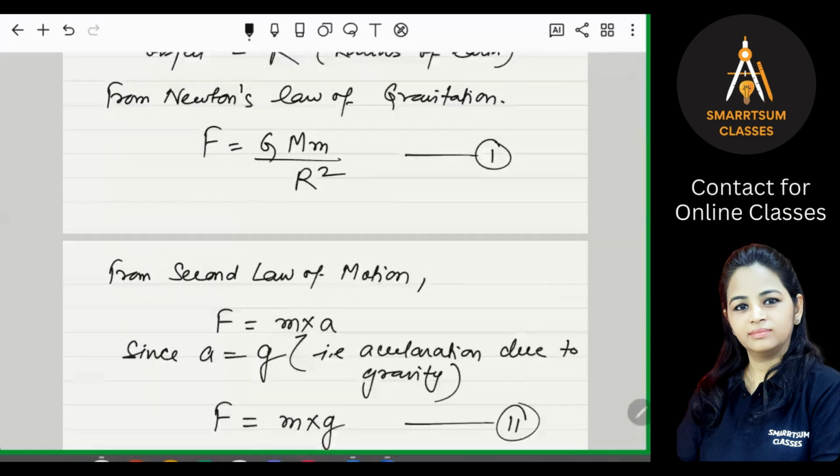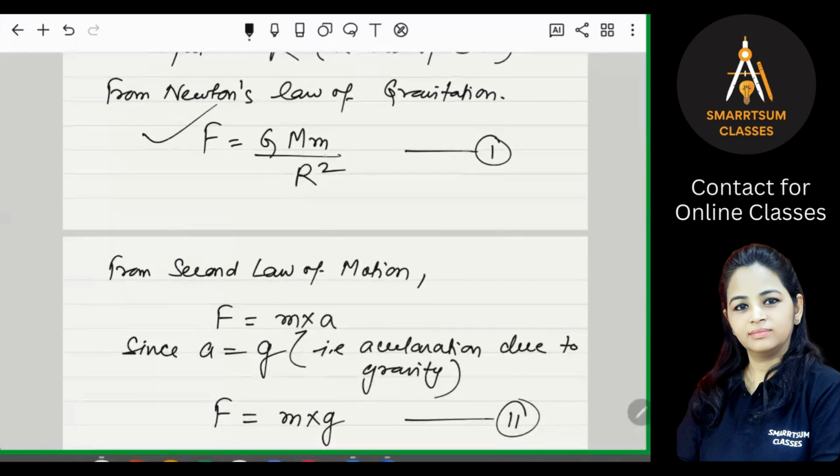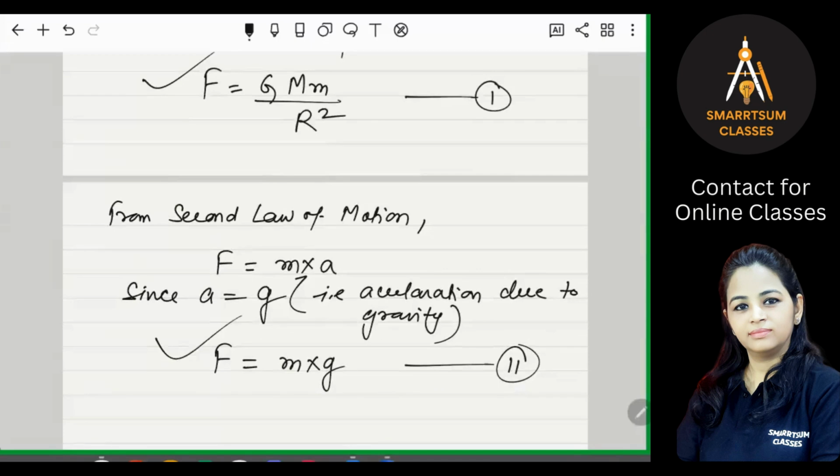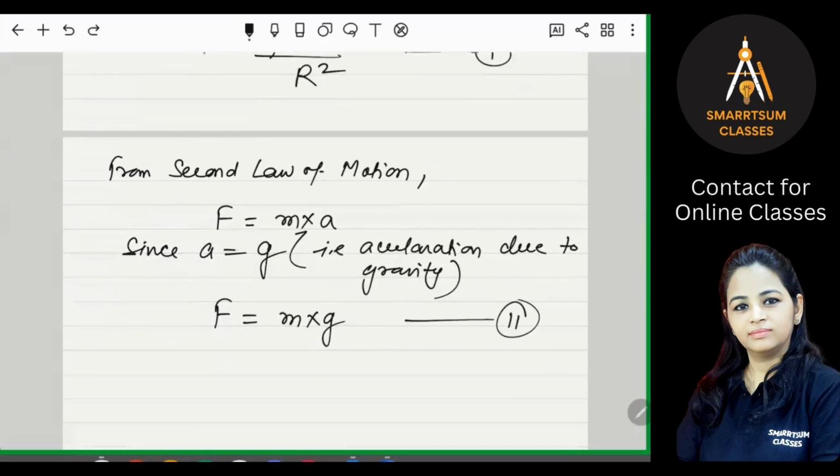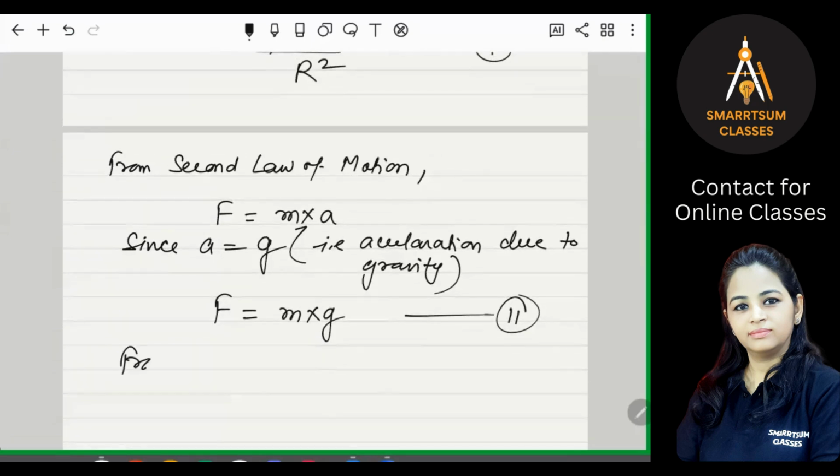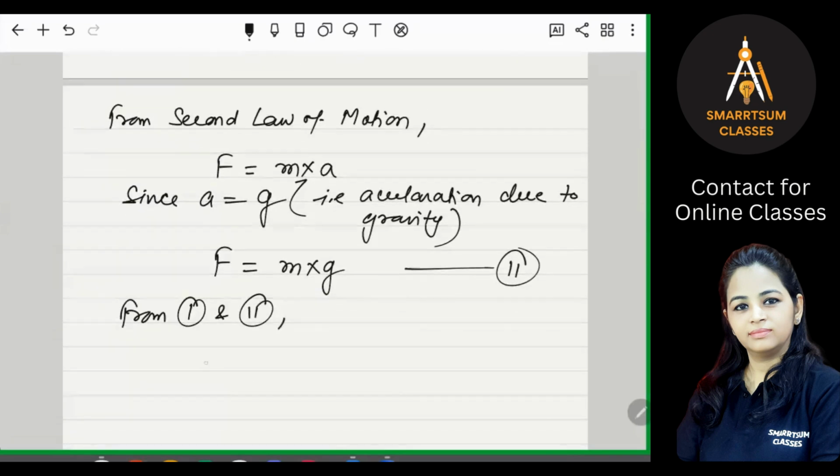Now, this is your force, F is equal to G m upon r square, and this is also force. Can we equate them, both of them? So from 1 and 2, what we can write? That mg is equal to G m upon r square.